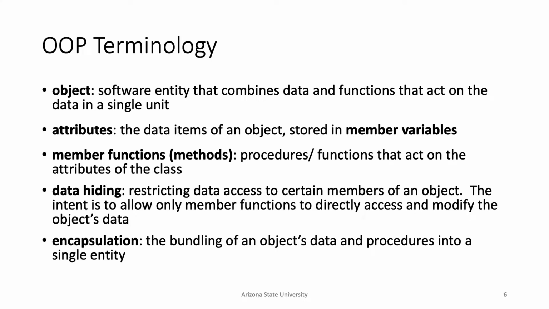I'm not going to allow you direct access to the GPA variable, but I'm going to allow you indirect access by having a function which says, you took this course with this GPA, you can pass that into the function, but you can't access the GPA variable directly. The function itself is going to modify the GPA variable for you in the way that you would expect it to. So data hiding says that some variables you shouldn't access directly.